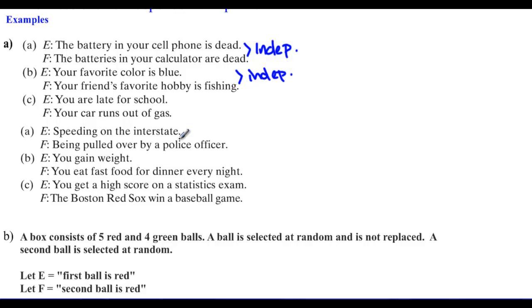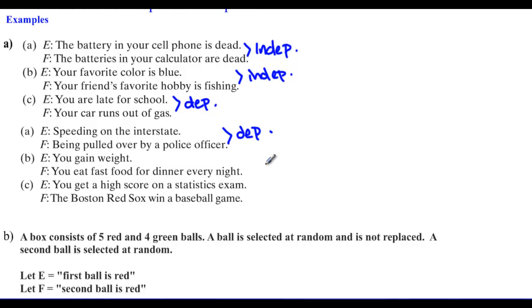You're running late for school, your car runs out of gas. Well, I would say there's a pretty high probability that those two have something to do with each other. If your car ran out of gas, you're likely going to be late for school. So these are going to be dependent. Speeding on the interstate and being pulled over by a police officer, again, those are going to be dependent. If you're speeding on the interstate, you're going to be much more likely to be pulled over by a police officer.